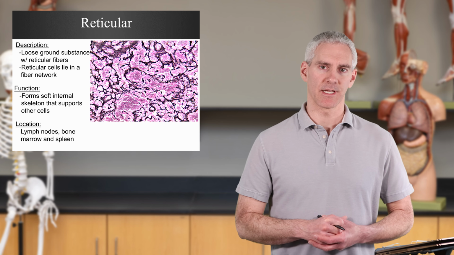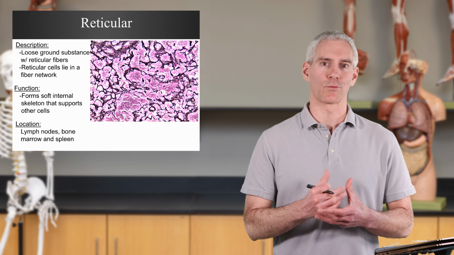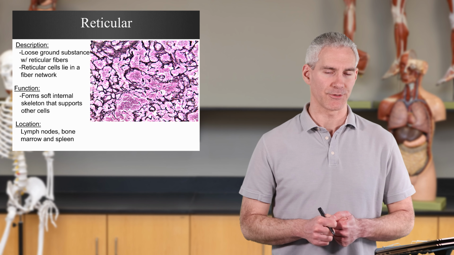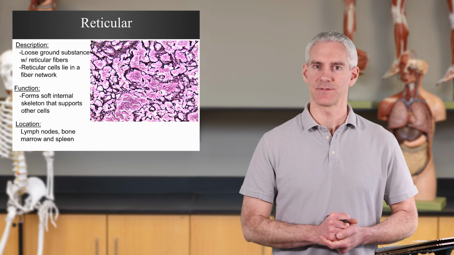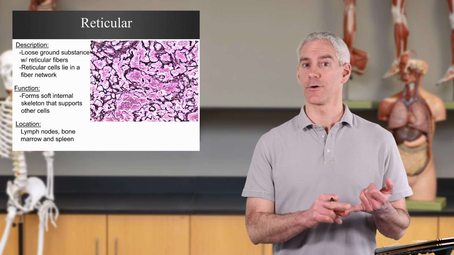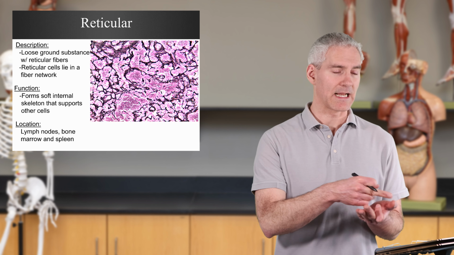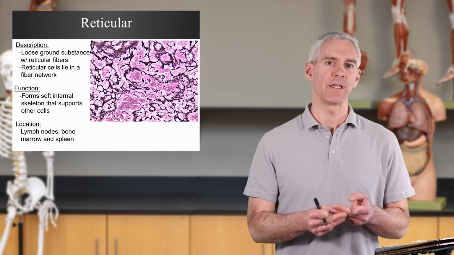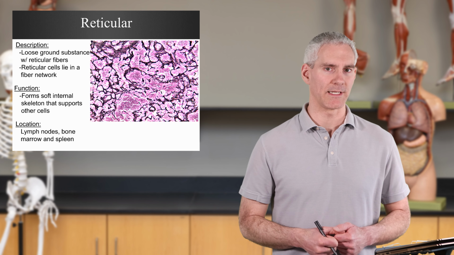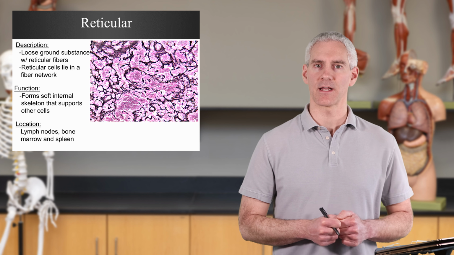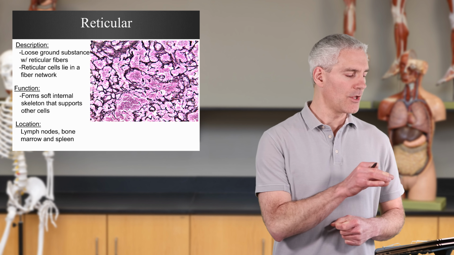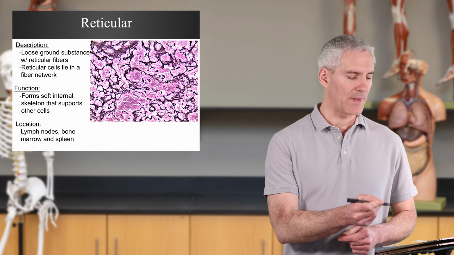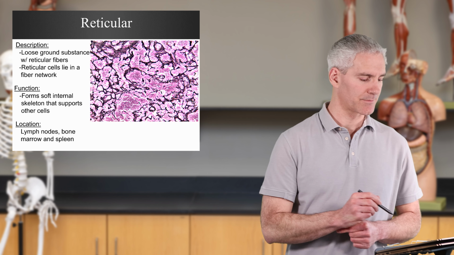Now, the reticular tissue, this is the third tissue and what will round out the loose gel matrix part of the connective tissue proper. So we had areolar, we had adipose, now we have reticular. Those are the three that fall in that more loose gel matrix part inside of the connective tissue proper. You can identify reticular based on the reticular fibers.